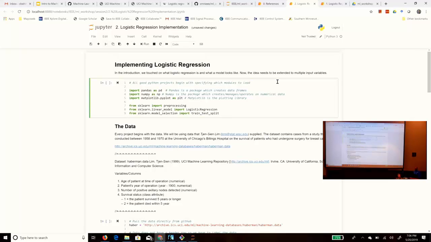Okay, so we're going to take the basics of what we talked about in the last one, and now we're going to take it a step further, which is we have 3 input numbers to account for, and all 3 inputs need to be accounted for and incorporated into our prediction of survival, right?